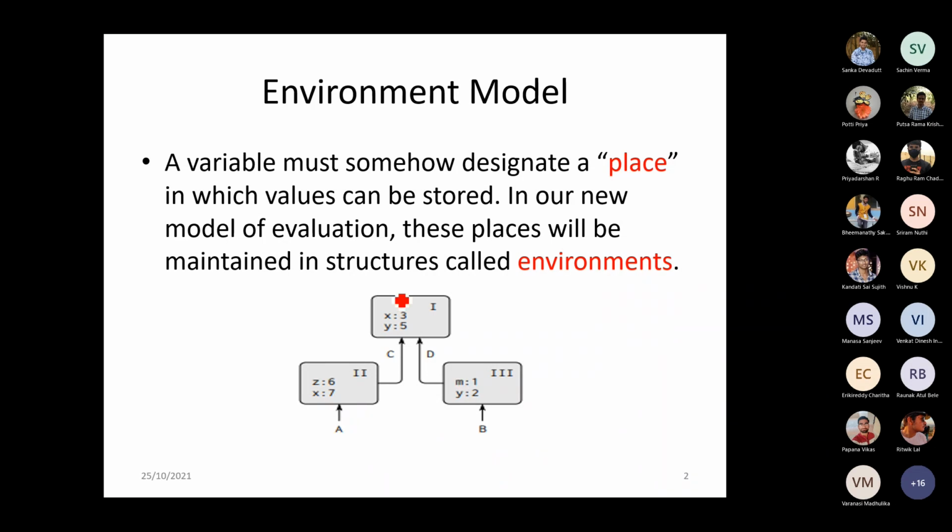So I'm saying that x and y are global variables, and z and x are in the frame. I have named each box with a Roman numeral: 1, 2, and 3. Each of these boxes I am calling a frame. Frame means it's a block.